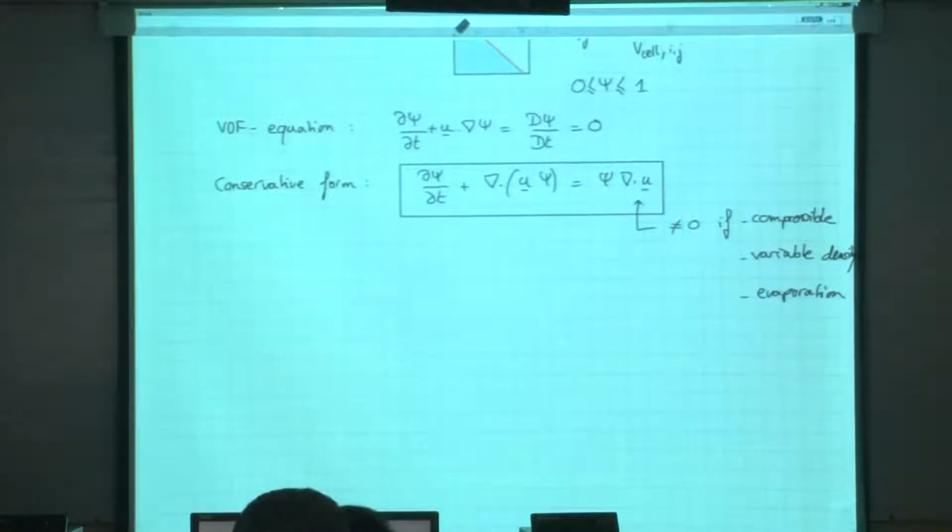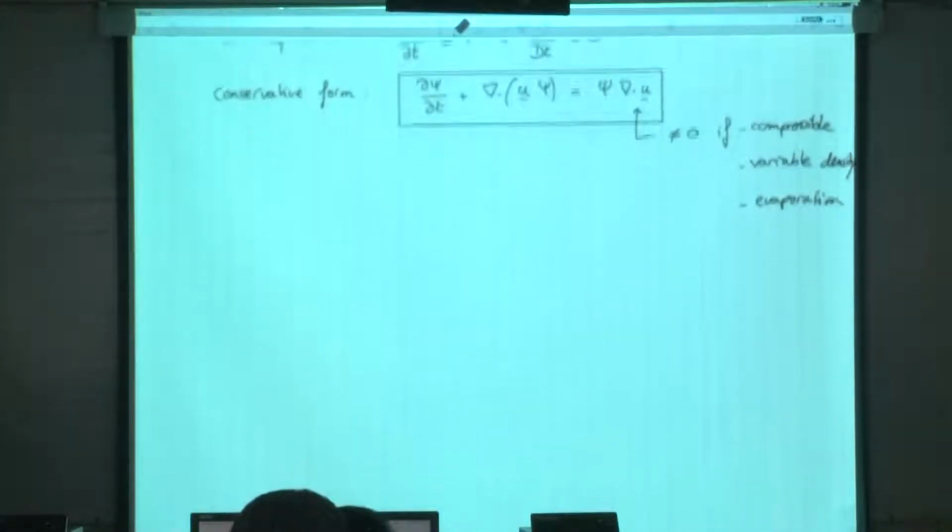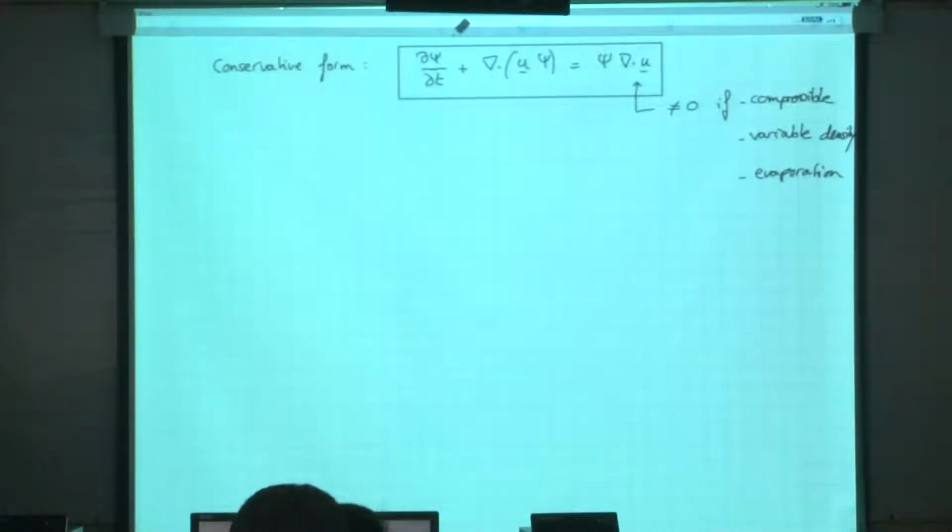So there are lots of instances that are not irrelevant where this would have to be taken into account. So we'll stick to the assumption we've used so far, that we have a solenoidal velocity field, and now we go after the finite volume discretization.